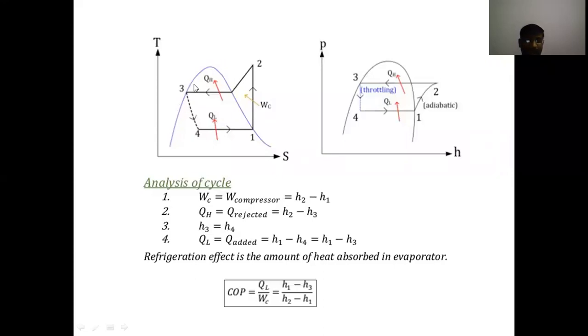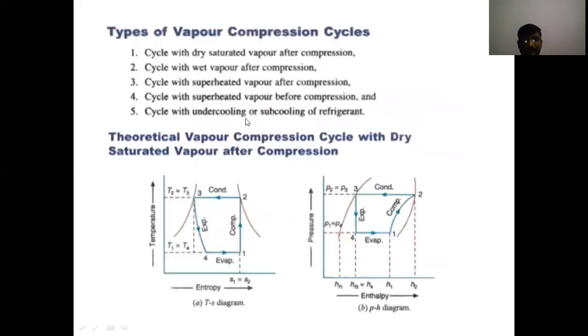Whenever the refrigerant state is on the left side of this line, it is called subcooled liquid. This is the cycle with undercooling or subcooling. One by one, we will explain. I will explain the cycles one by one, and after the explanation, I will solve problems for each case. Let us go for the first type of cycle in this class.